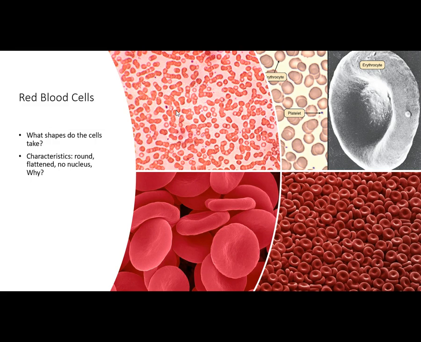If you know what the purpose of a red blood cell is, pause the video, maybe go research that on the internet, look it up, see what you can find, and then write why. What is with these red blood cells? Why are they round, flattened, have no nucleus? Why?